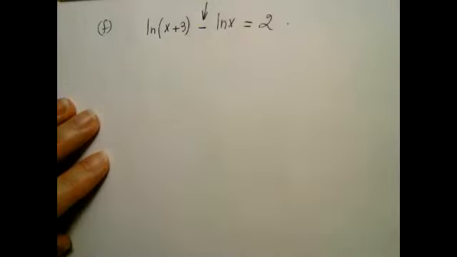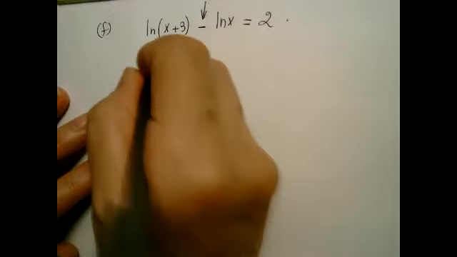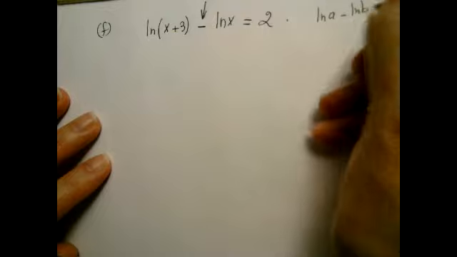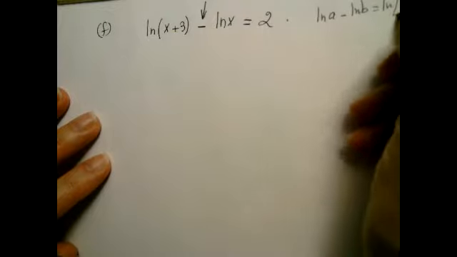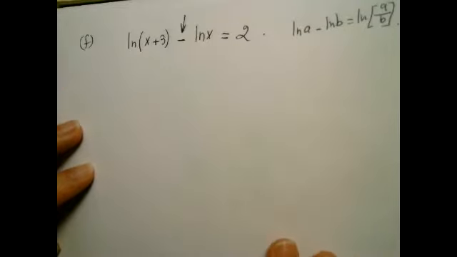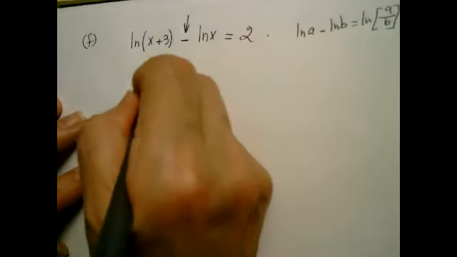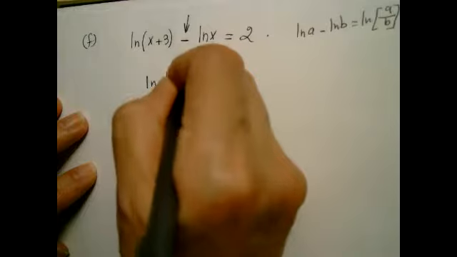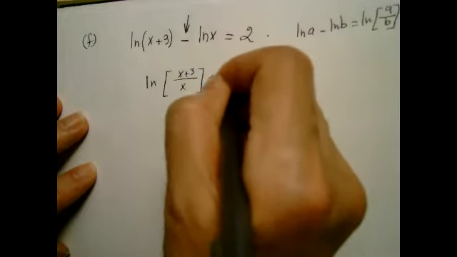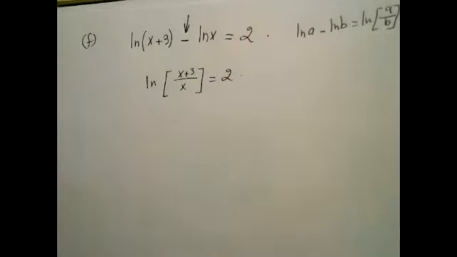Since I have a difference here, I use the property of the natural log: the log of A divided by B. So it's going to give me the ln of this whole thing, (x plus 3) over x, equal to 2.